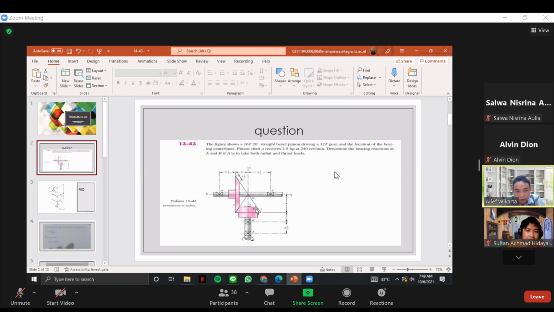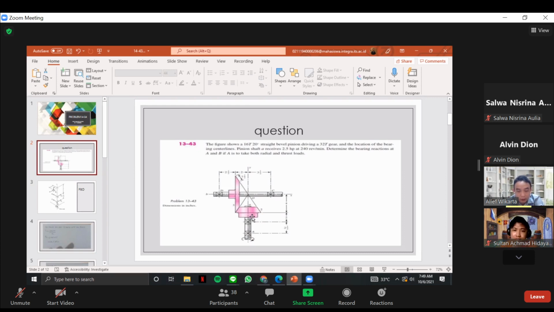For the shaft it is a small a and small b, Mas. Oh, in the question it is a capital A and capital B. So where are capital A and capital B? Okay, so those bearings A and B are located in which shaft?